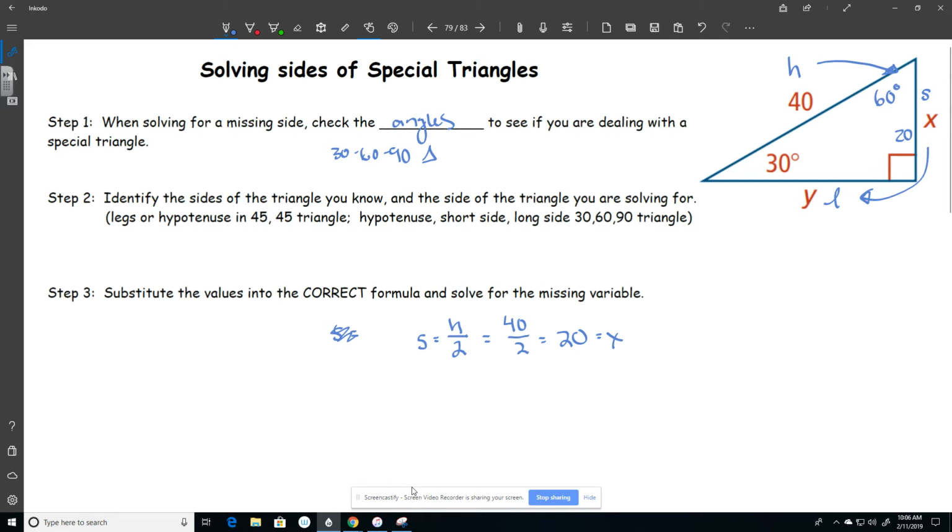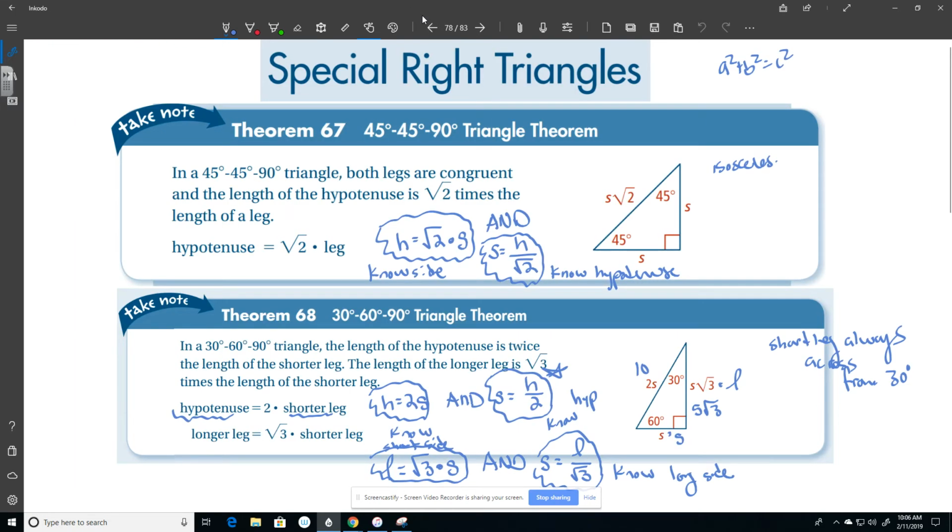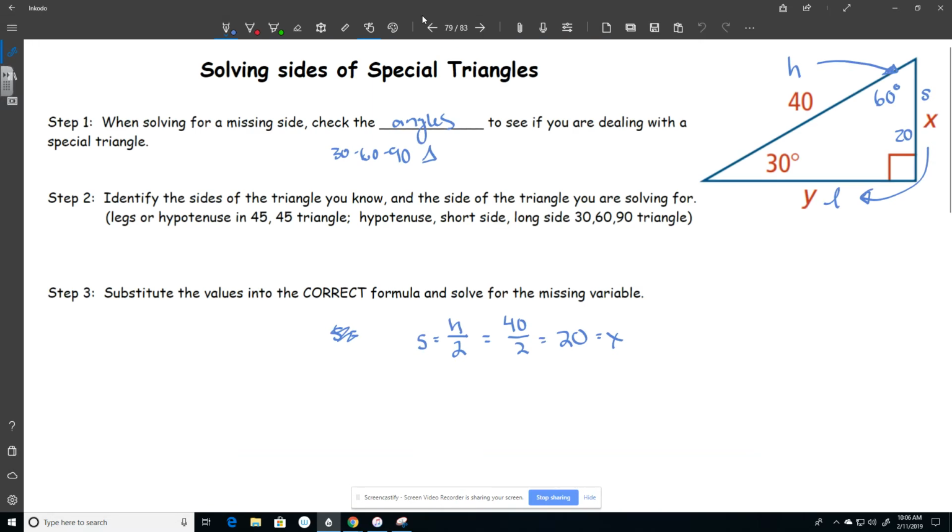Now that I know the short side, I have a formula to compare that to my long side, which is why we found the short side first. If I know the short side, I know that for my long side, I just have to multiply by the square root of 3. So for my long side, I take the short side times the square root of 3, and my short side was 20, so 20 square root 3.